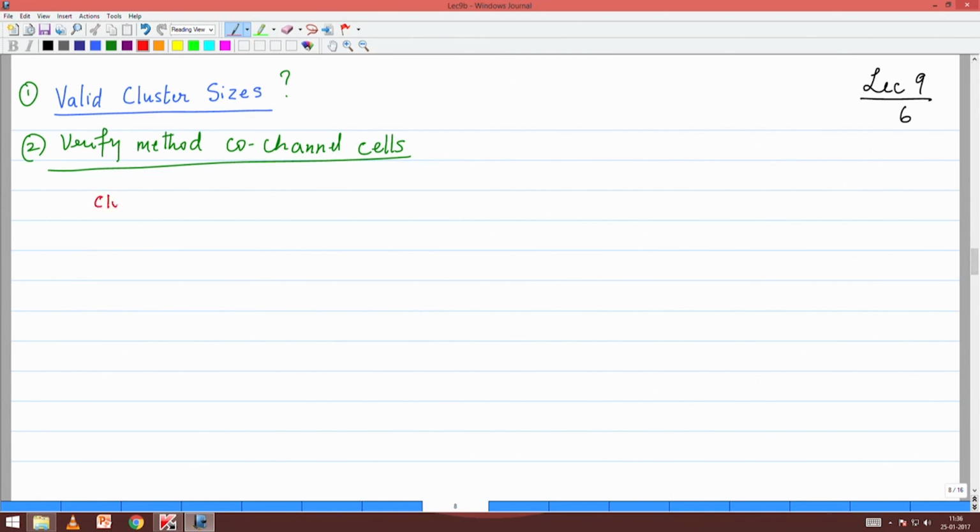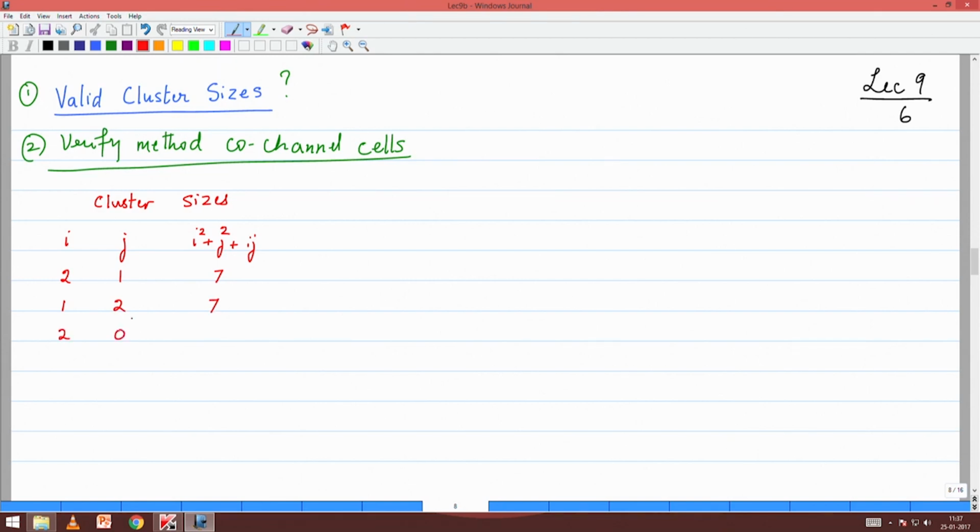Cluster sizes basically says I can take i, j, then I have i squared plus j squared plus ij. So if I take the combination 2, 1, I get a cluster size of 7. Remember that was what we had verified, and of course, if I do 1, 2 also I will get 7.